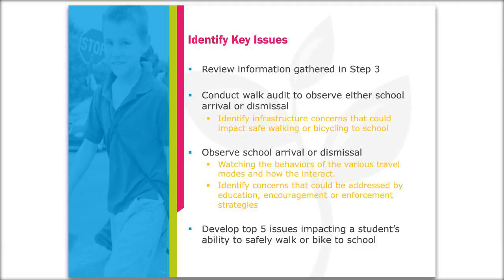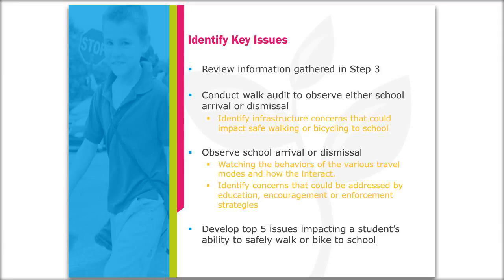Are there crosswalks? Are there sidewalks? Are the sidewalks in good condition? So lots of different things and questions to look at. Within the school travel plan guidance document that we'll discuss at the end, there are tips on how to conduct that walk audit and observation, including a list of things to look out for.